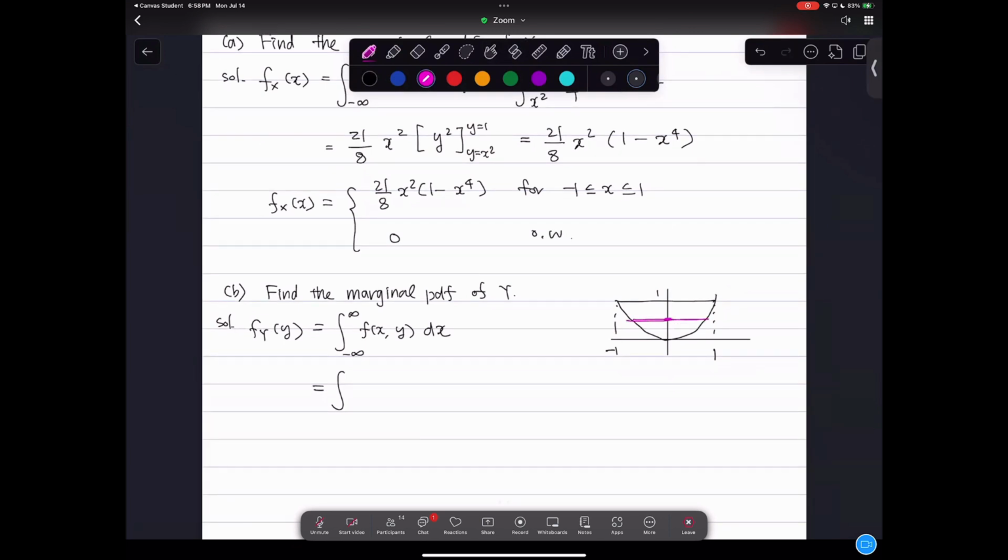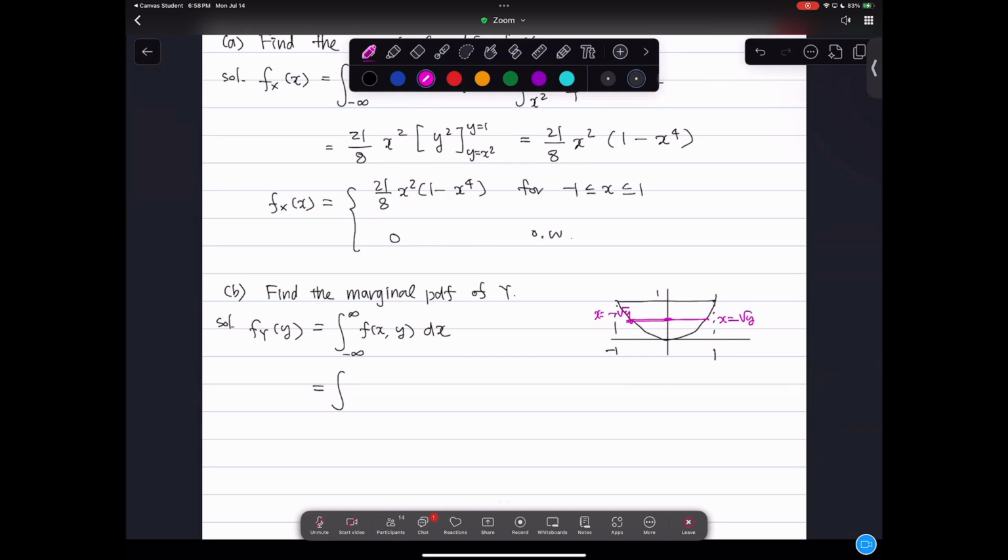So your x is, this is y equals x squared, so this must be negative square root of y. Oops. And this is positive square root of y.